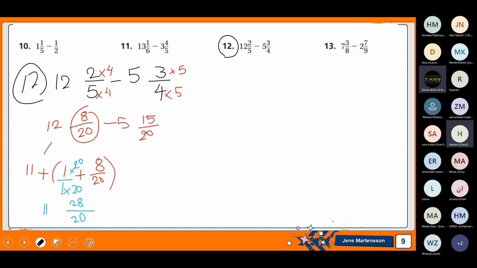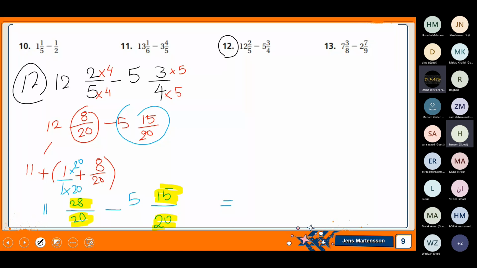Let's move on. Now, minus. Let's go back to this one. Now, 28 minus 15. Now you're going to subtract the fractions. 28 minus 15. Don't use the calculator.